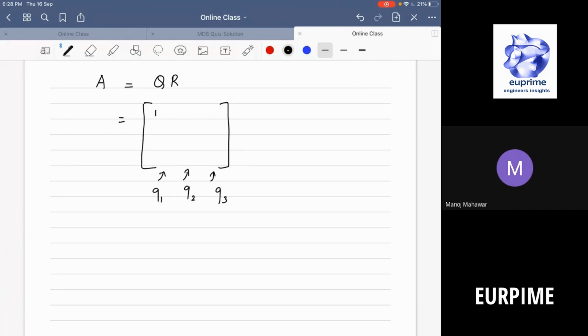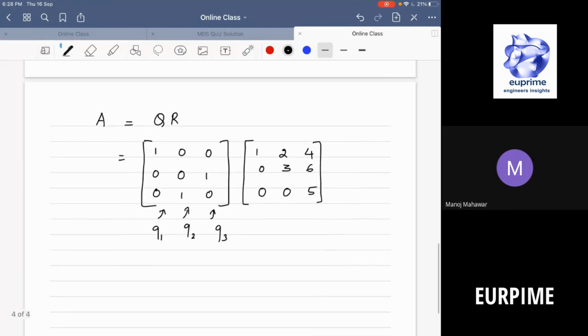It will be 1 0 0, 0 0 1, and 0 1 0. Okay. So R is an upper triangular matrix which we obtain as 1 2 4, 0 3 6 and 0 0 5.